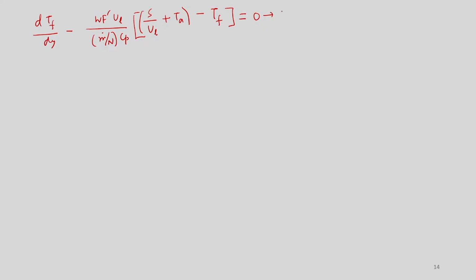Maybe we can write this expression as star. So, now let us consider theta f is equal to S by UL plus Ta minus Tf, and p is equal to W f dash UL by m dot by n multiplied by Cp.